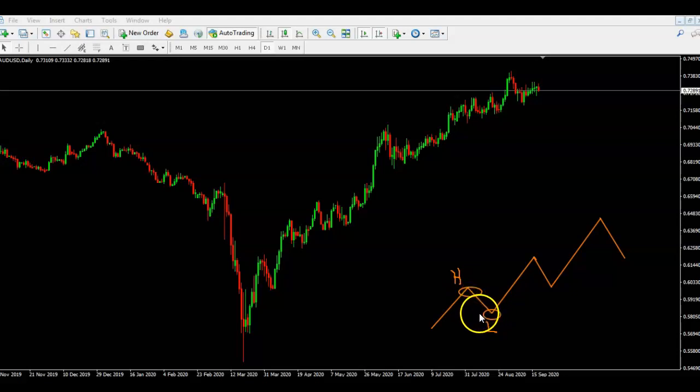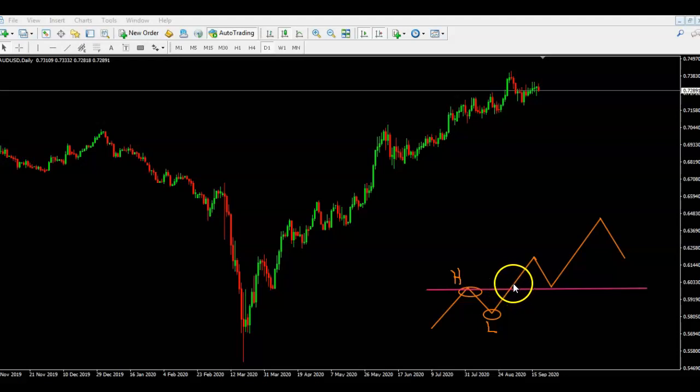A pullback is any move that is going against the trend. Normally this is an impulse, that's a pullback. We don't have a trend yet, but it started going in one direction. And this is the high right there. Do we agree? So it breaks the high right there.